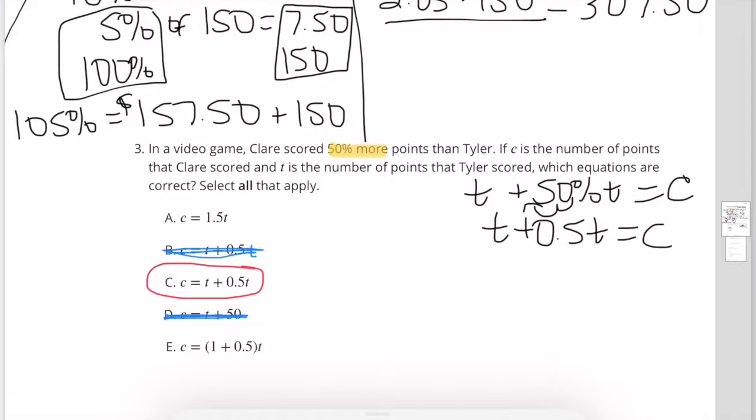Okay, so remember I said there's always a 1 in front of a variable that doesn't have a number. So 1T plus 0.5T. 1 plus 0.5 is 1.5T. So A would also work.